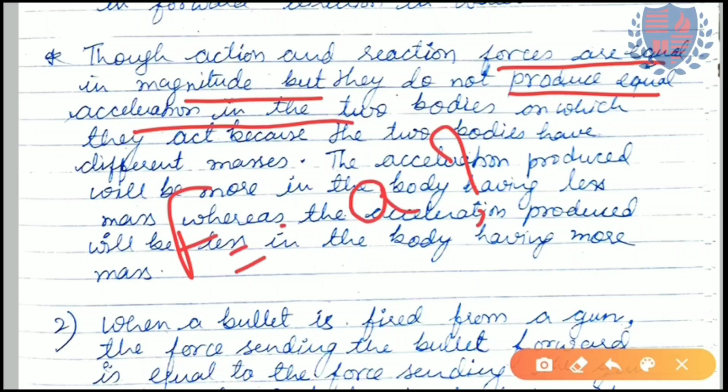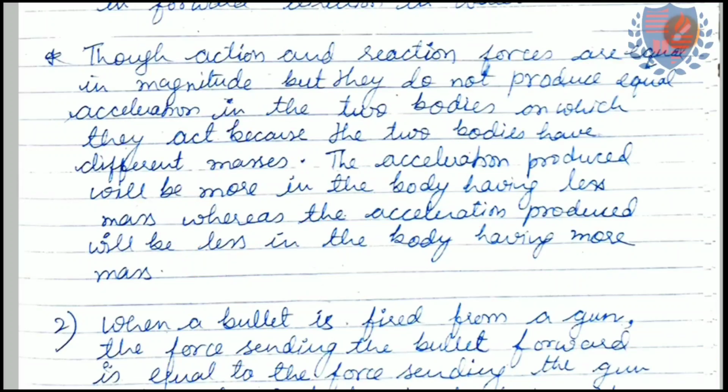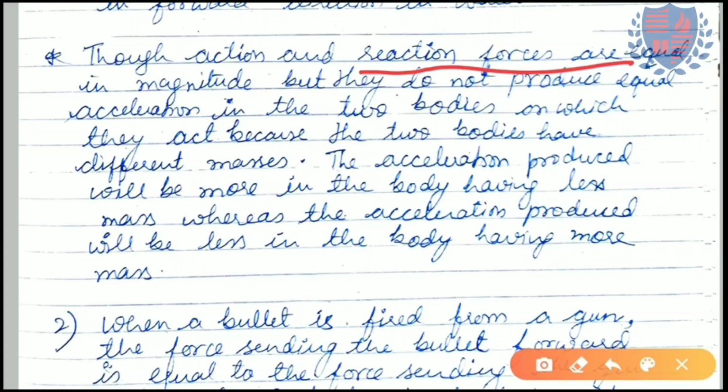Force depends on mass and acceleration both, but the masses of the two bodies are not always equal. So this is the reason why action and reaction forces are equal, but they don't produce equal acceleration because they have different masses. The acceleration produced will be more in the body having less mass.